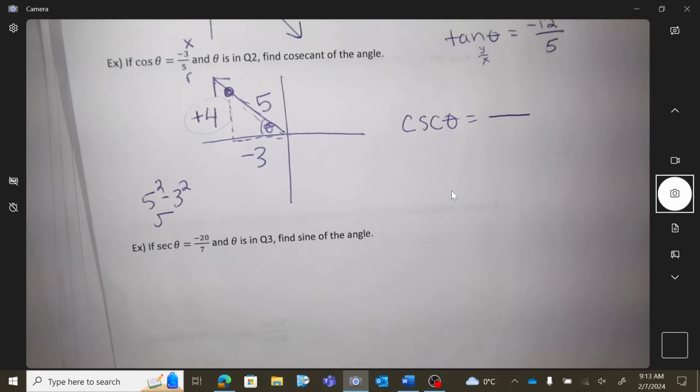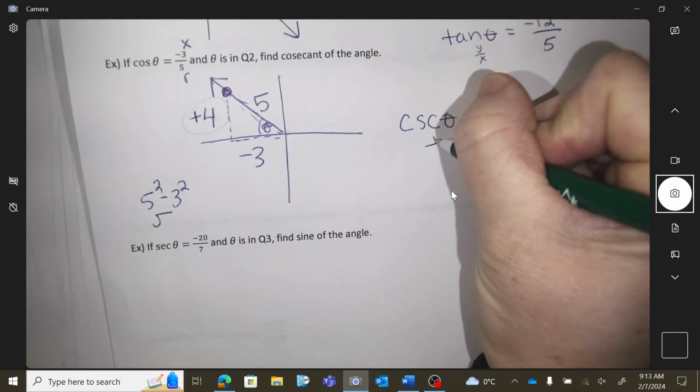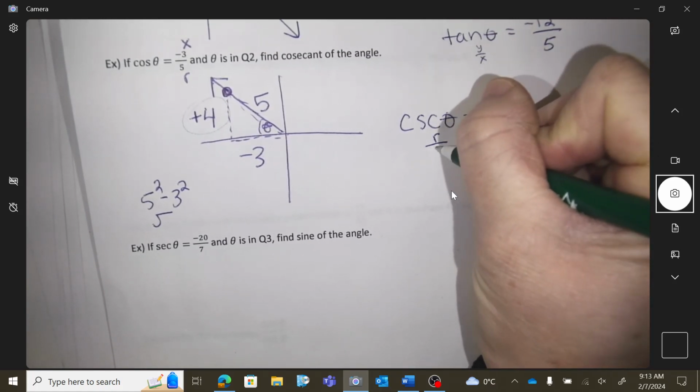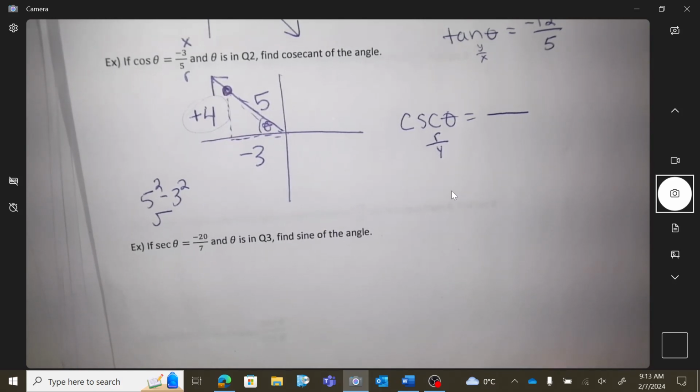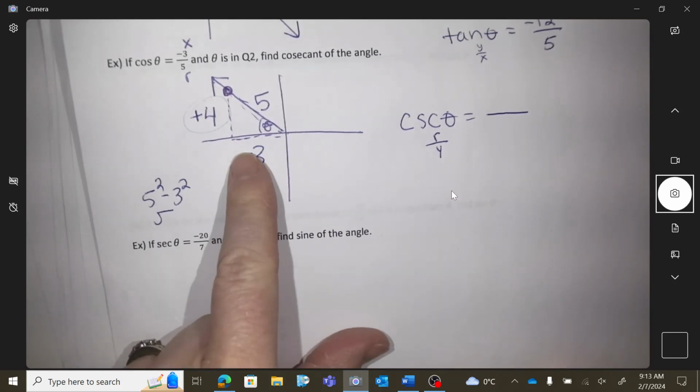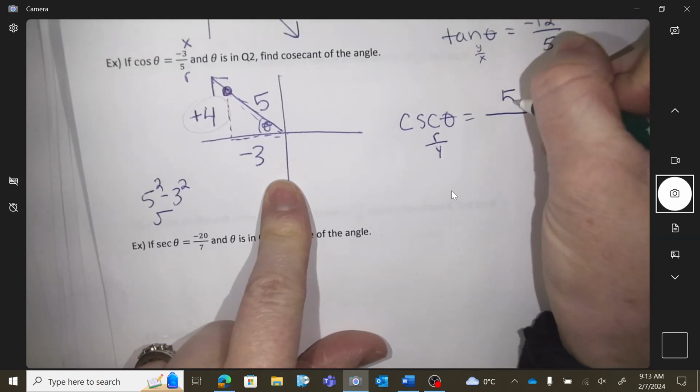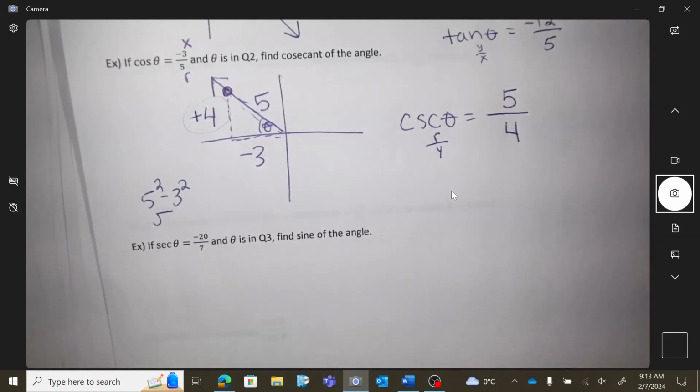It's the opposite of sine. So which letters? R and Y. Okay, that's the ratio for that one. So my final answer would be R over Y.